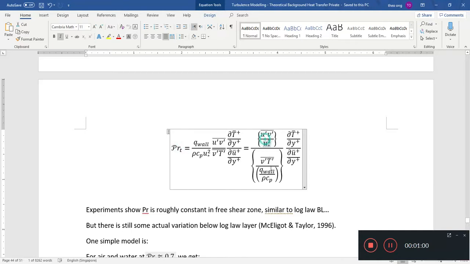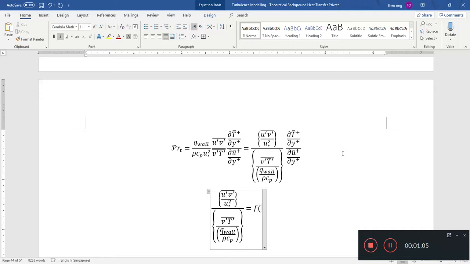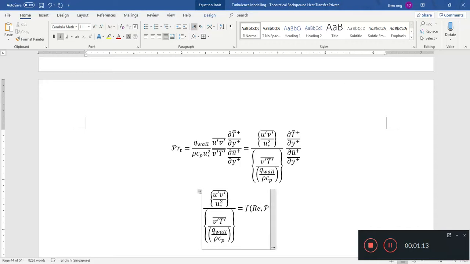on this turbulent Prandtl number, because this, remember, could be a function of Reynolds number and the Prandtl number. This is the molecular Prandtl number, or just the Prandtl number we are used to. So the Reynolds number will play a role in this friction velocity here. Of course, you have more heat flux over there.